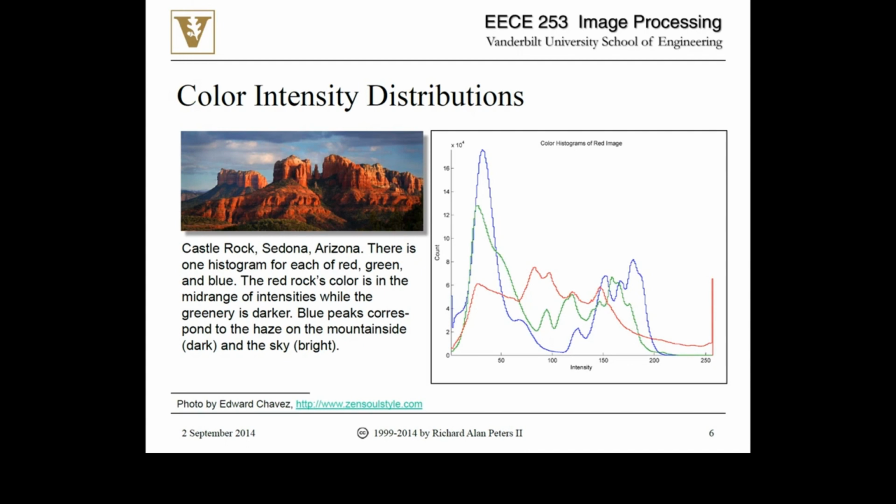There are more funny things. For instance, we see the sky here in the histogram. So this is the sky, in the blue histogram. And what is this large region in the blue histogram?